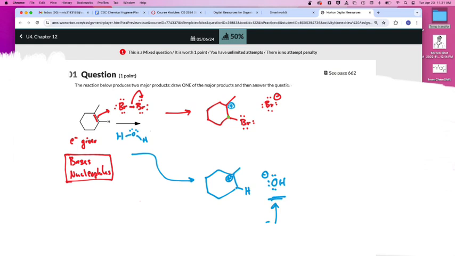What about the alkene? Is it this part? No. Okay. Is it this part? Yeah. Why is it? Because that's the pi bond that we're removing.